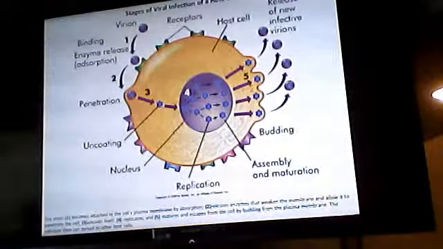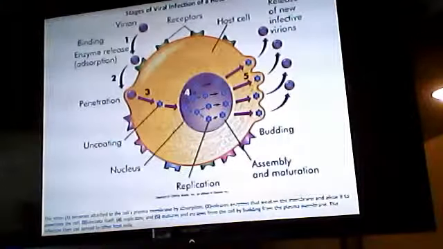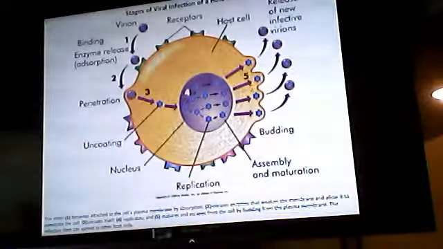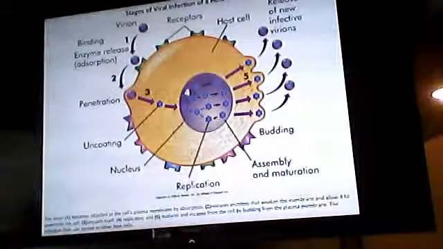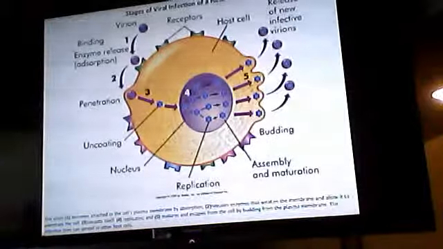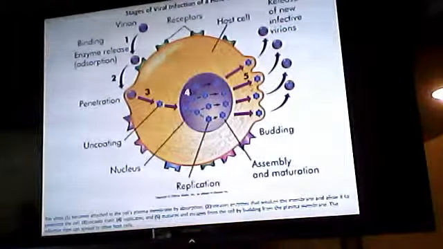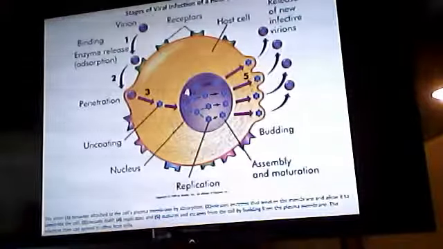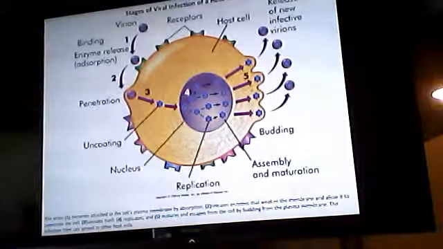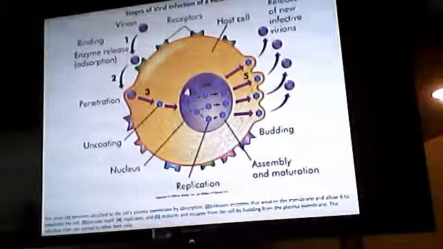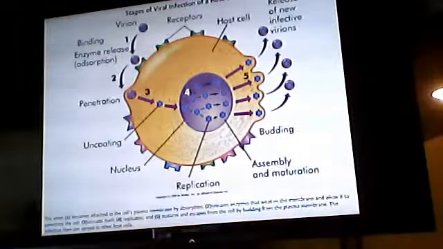Sometimes they come with envelopes, to varying degrees, and they spit out their genetic material, and they either bury into the genome itself and stay there, replicating as the cell replicates, or they hijack the cellular machinery and start building viral proteins. There are a lot of different ways that viruses work. You don't have to know too many details, just know that they get into the cell, they can't live without a host, and that they can be DNA or RNA viruses.